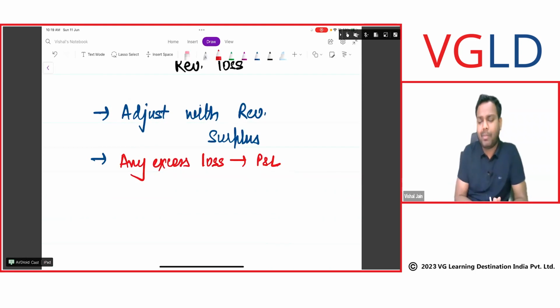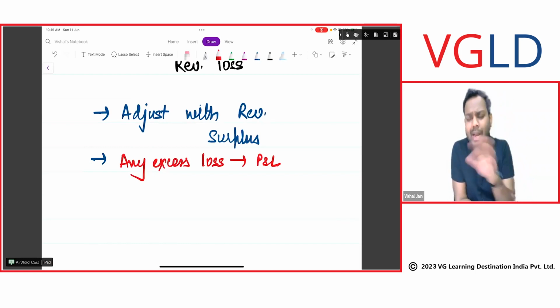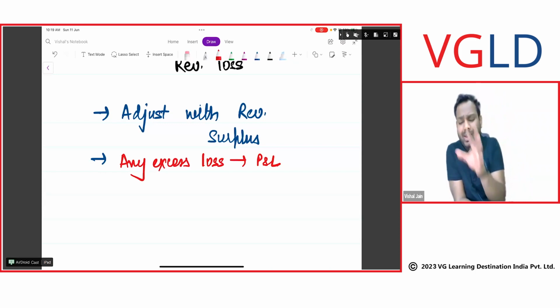Let's suppose there's a revaluation surplus of $50, and this time I had a loss of $40. I will adjust 40 with 50, and the net revaluation reserve will be disclosed at 10.